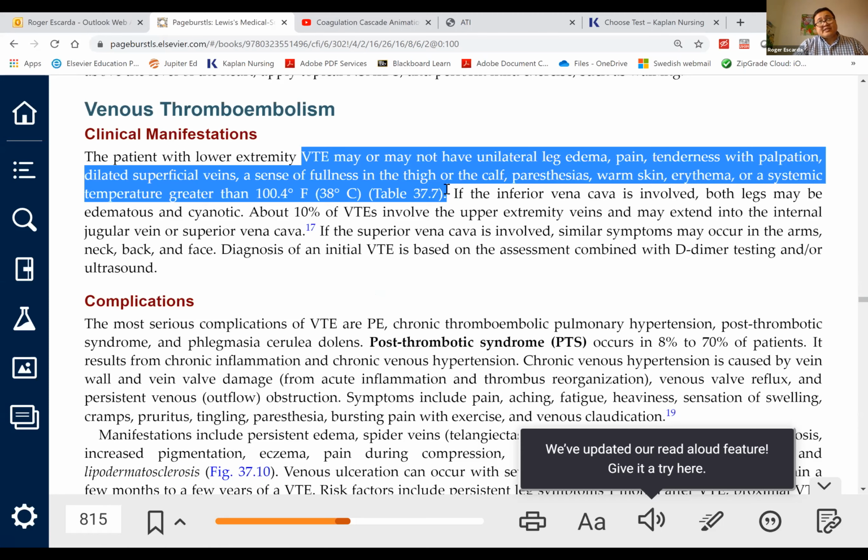Can patients have them on both legs? Yes, of course, but that's not the trend. Usually it affects one leg. So if you see these symptoms here, that's already likely. So what will be your next action?